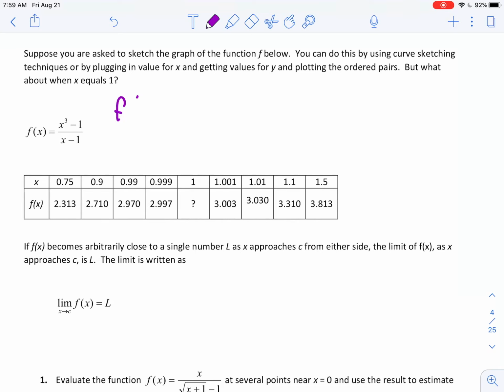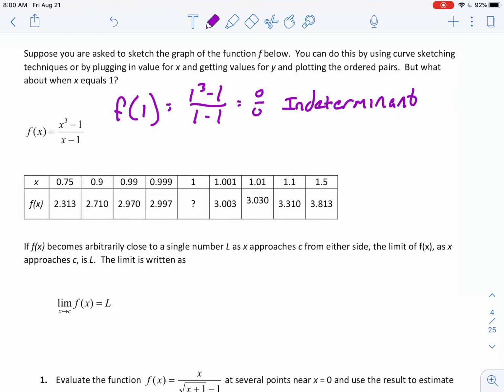If I take this function and evaluate it at 1, I have 1 cubed minus 1 over 1 minus 1, which is 0 over 0, which is something we call the indeterminate form. It's not 0, it's not necessarily anything, it's what we call the indeterminate form.